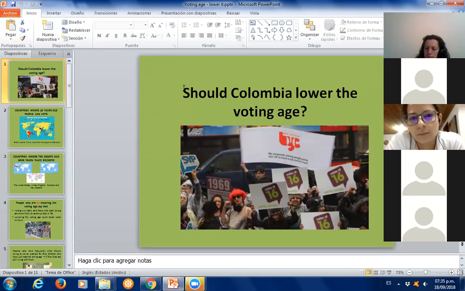So in slide 9 or 10, it says that young people want to vote, but the other laws could be... sorry, teacher, I don't know how to say it... the same laws.